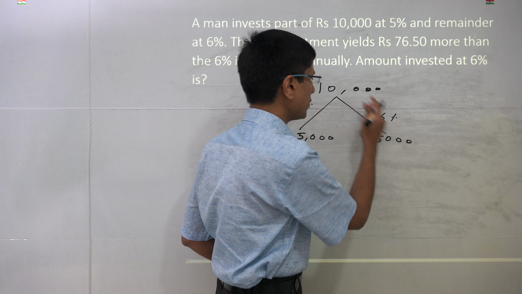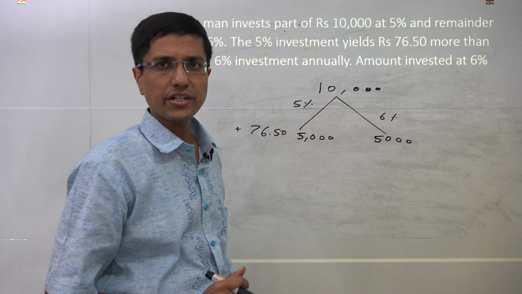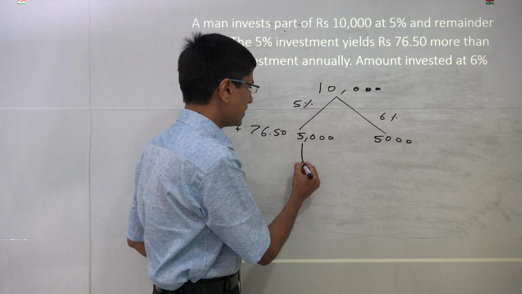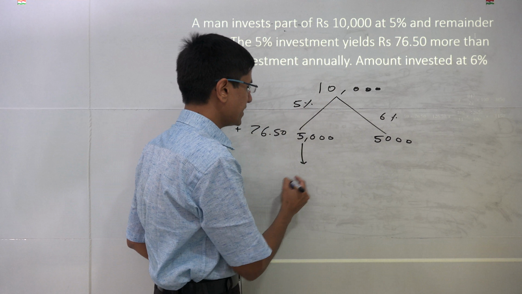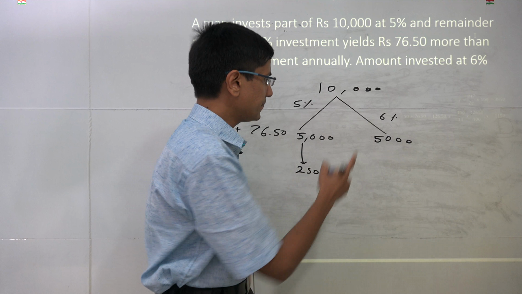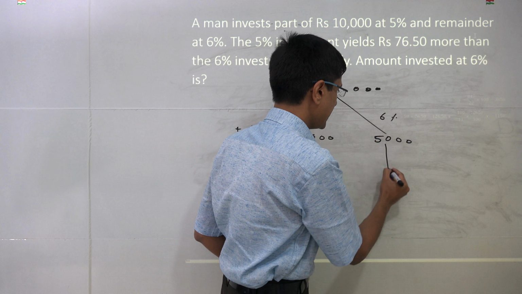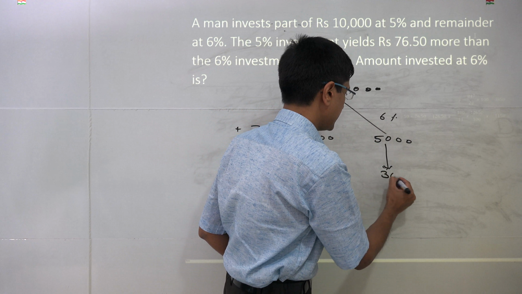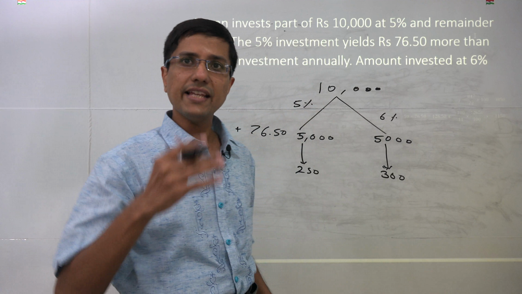So he invested 5,000 here, 5,000 here. How much interest would he earn on 5,000 rupees at the rate of 5%? 250 rupees. How much at the rate of 6%? 300 rupees. At the end of 1 year, the amount at 6% earned 50 rupees more, and that's to be expected.